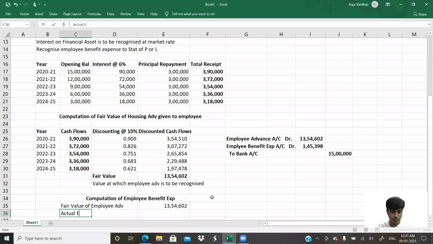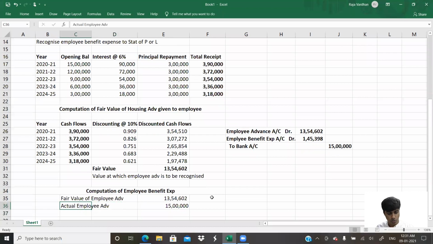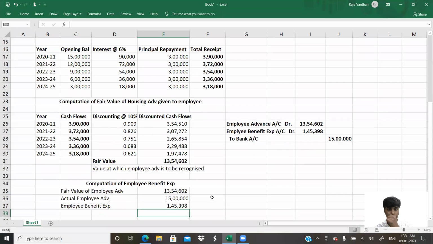Actual employee advance: how much is it? 15 lakh. So right below, I'll underline this and write employee benefit expense. How much is it? This would be 15 lakh minus 13 lakh 54,602, that is 1 lakh 45,398. What do we do with this? To be recognized.